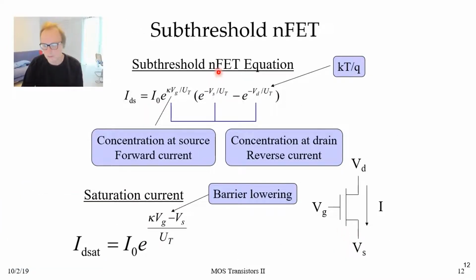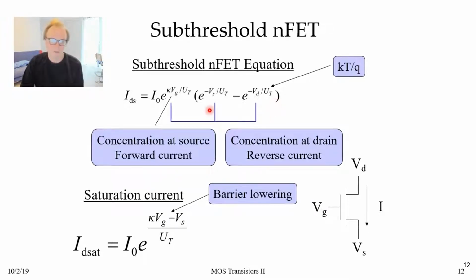And then finally, if you put that together, you get the subthreshold NFET equation, which is that IDS is e to the kappa Vg over UT times the difference, e to the minus Vs over UT minus e to the minus Vd over UT.